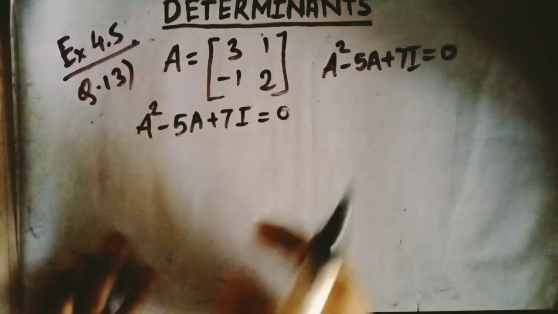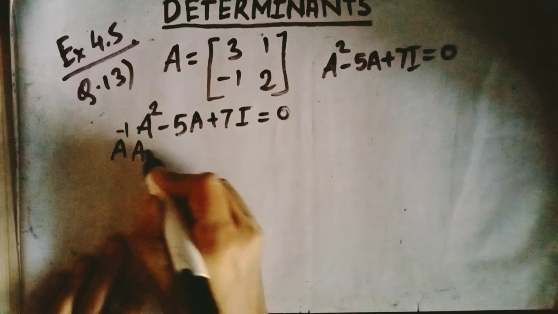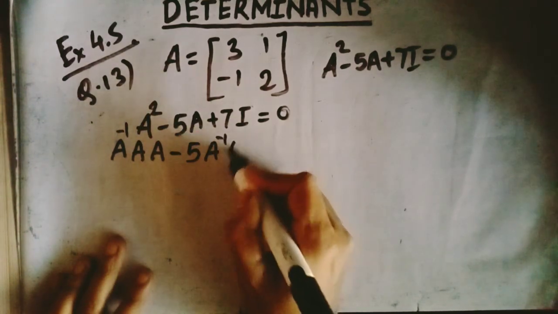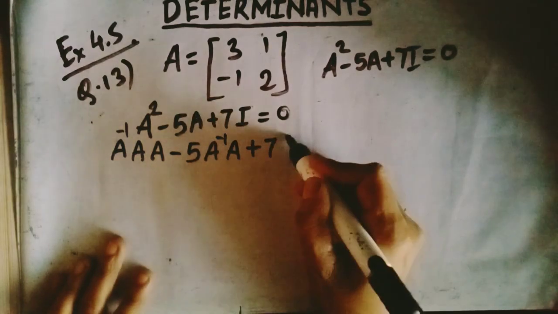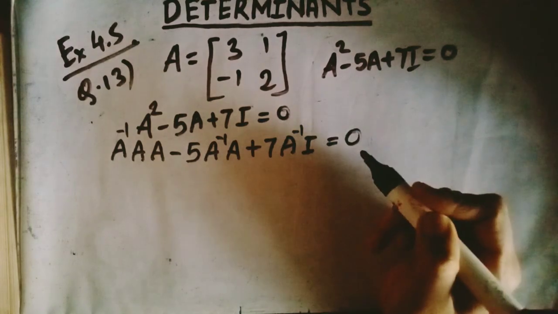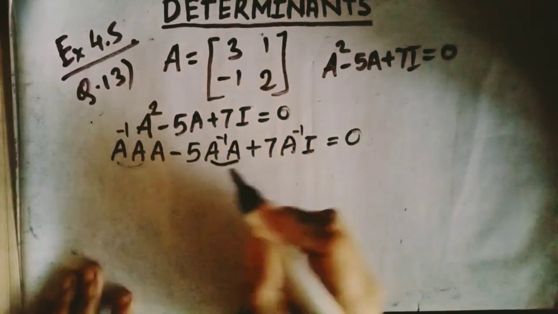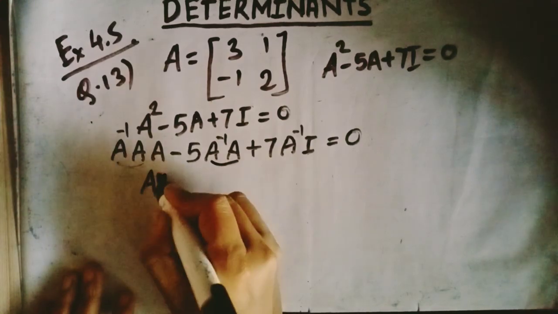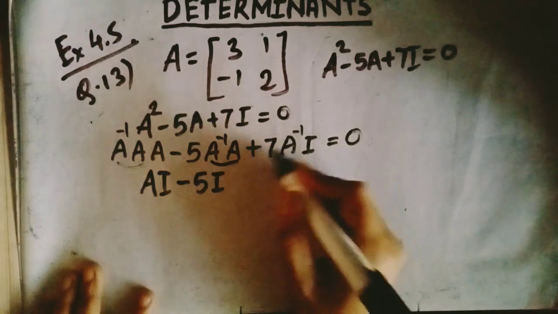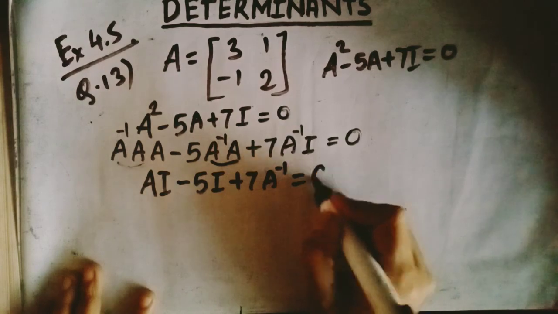Multiplying by A inverse, this will be A inverse A into A minus 5 into A inverse A plus 7 into A inverse I equal to 0. Okay, so A inverse A is I, this is also I, so you'll get AI minus 5I plus 7A inverse equal to 0.